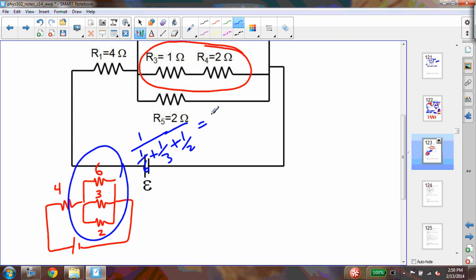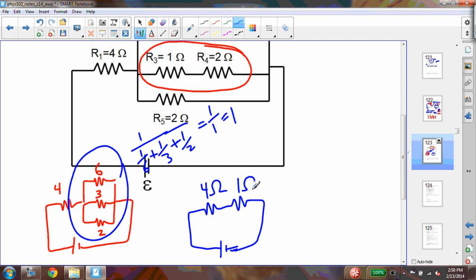Yeah, so that's just equal to 1 over 1, which equals 1. Then I have a 4 ohm resistor and a 1 ohm resistor, and to find the equivalent of that, I just say 4 plus 1. And so the equivalent resistance is just 5 ohms.